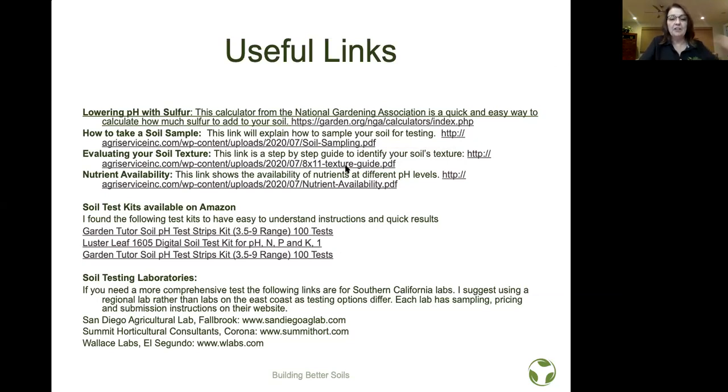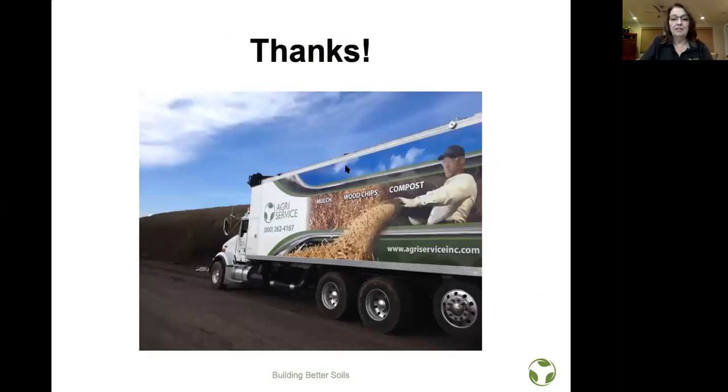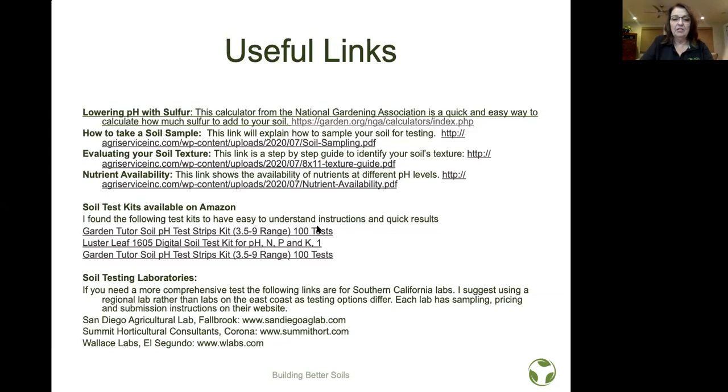Then evaluating your soil texture is the link for texture by feel. I also put in the chart I showed you earlier about nutrient availability according to pH. And these are the test kits from Amazon that I tried out.